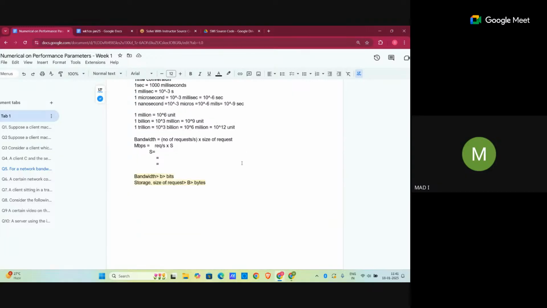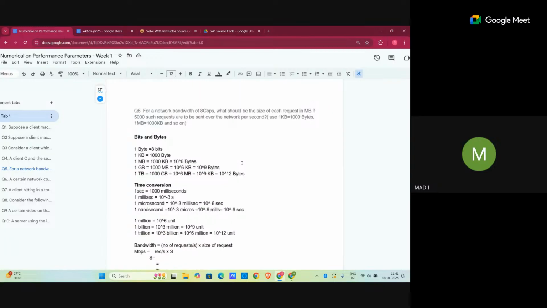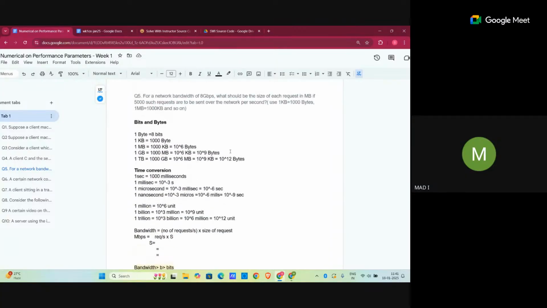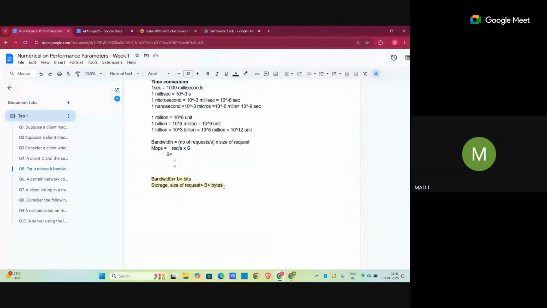Now we will see bandwidth. There are two formulas for bandwidth. Bandwidth is equal to requests per second into size of request.